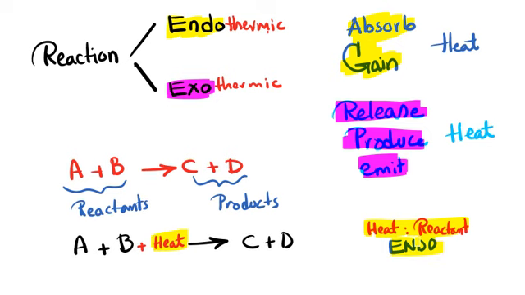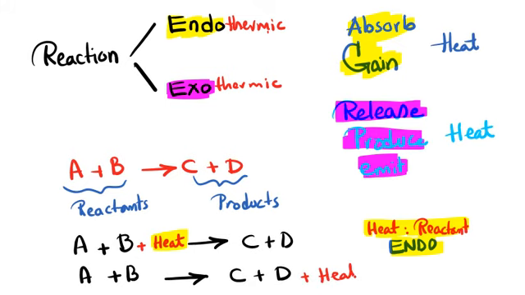In contrast, if we write a reaction like this, A and B produce C and D as well as heat, they form heat. They produce heat. So heat is released. Heat is on the right side of the reaction. So at that time, I say heat is a product.